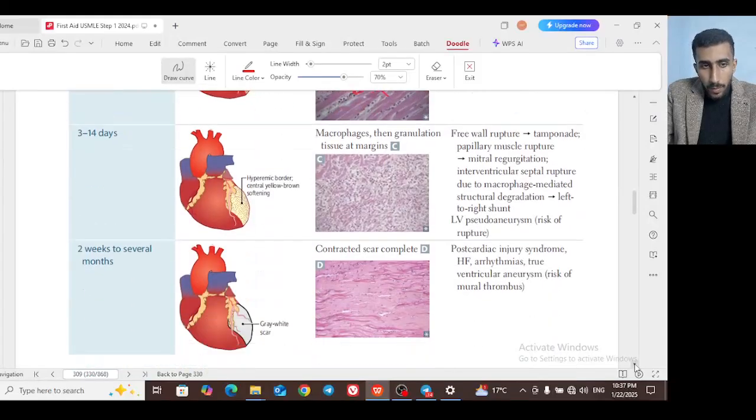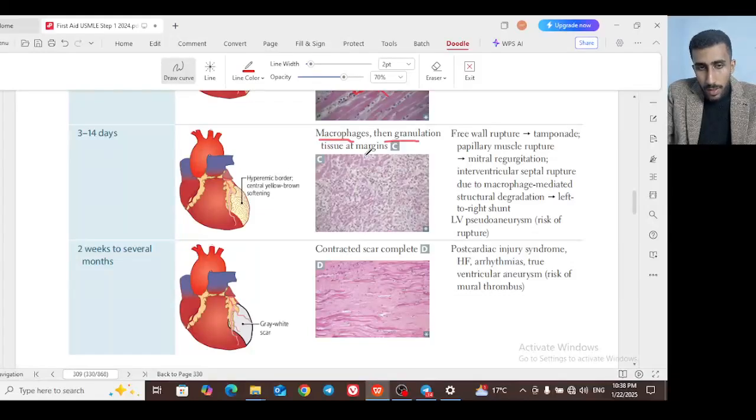From the third day up to 2 weeks, on gross appearance you will have a hyperemic border and a central yellow-brown area. There is hyperemia at the border, but the center is yellow-brown and soft, and this softening is due to the effect of macrophages. On the LM level you will have macrophages, and granulation tissue at the margin.